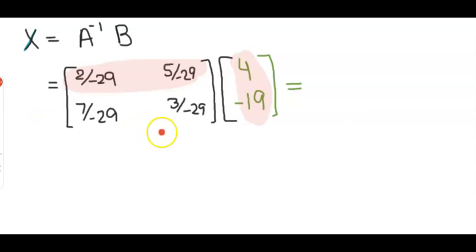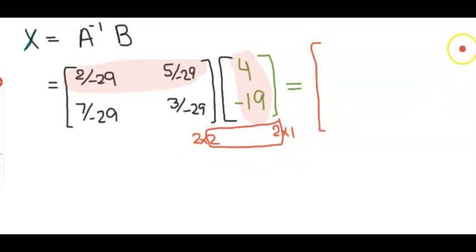So what's the order of this matrix? Order of this matrix is 2 by 2, 2 rows and 2 columns. Order of this matrix is 2 rows, 1 column. Because they match, we can multiply. And the order of the result is going to be 2 by 1. So I already know how my matrix is going to look.